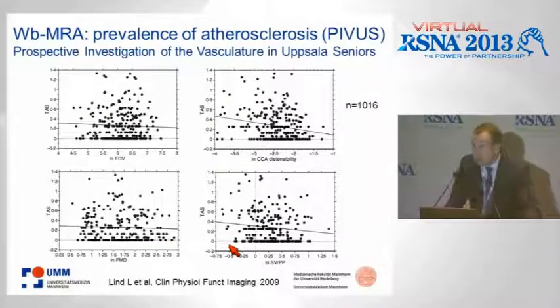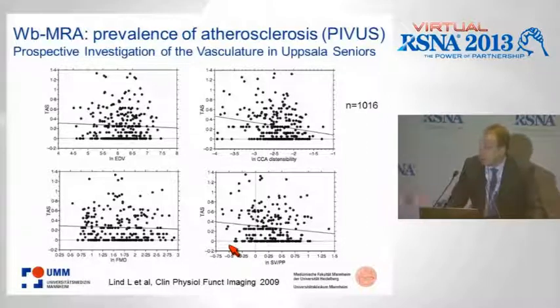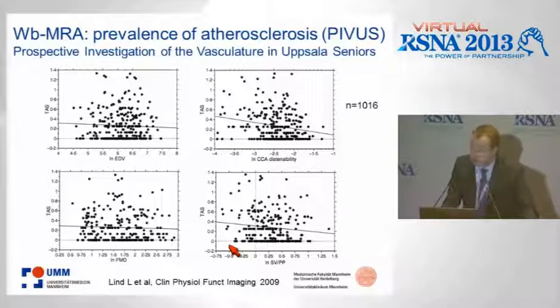Now, what is this good for? Well, I think I really have to refer here to the group from Hakan Alström in the University of Uppsala. They did the prospective investigation of the vasculature in Uppsala seniors, and they could show that if you make a score out of your findings from whole-body MR and you correlate this to established measurements of atherosclerotic burden, you have quite a nice correlation to also other functional parameters in atherosclerotic disease.